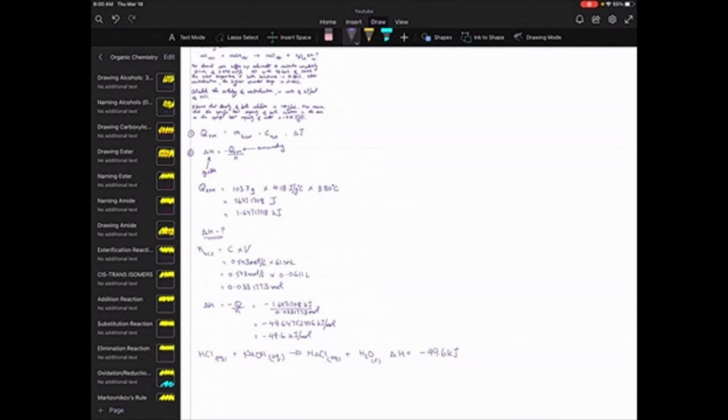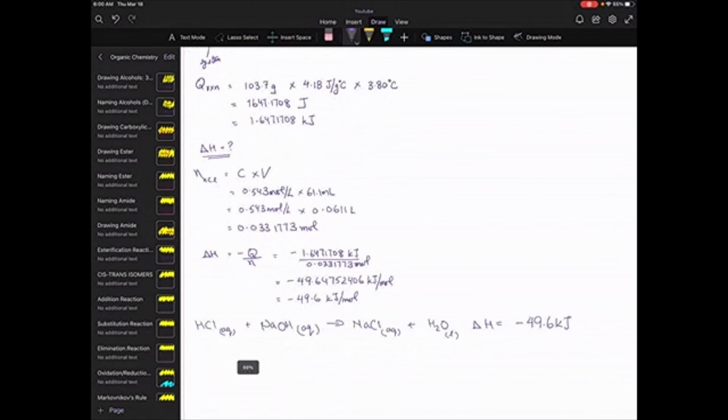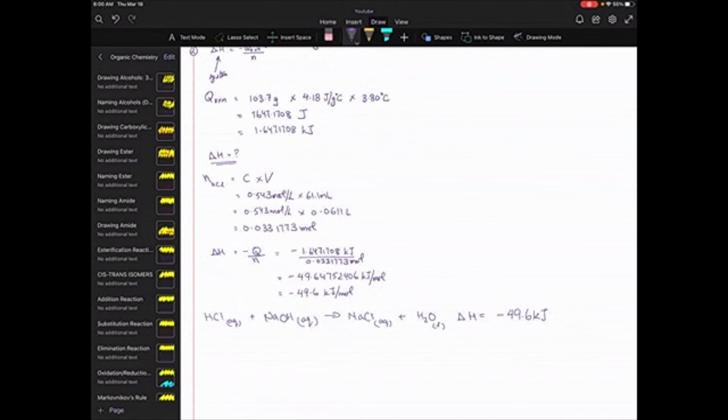The other way to write this equation is with energy as part of the equation, and since this is an exothermic reaction, the energy will be written on the right hand side. So HCl (aq) plus NaOH (aq) will form NaCl (aq) plus H2O liquid, plus we will have 49.6 kilojoules of energy that is going to be released in this reaction.